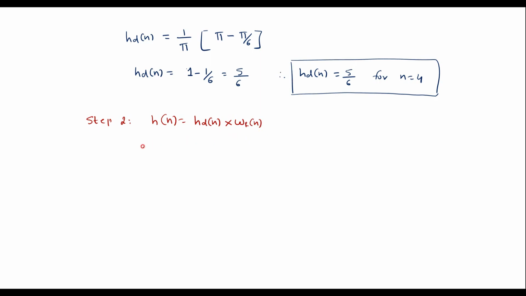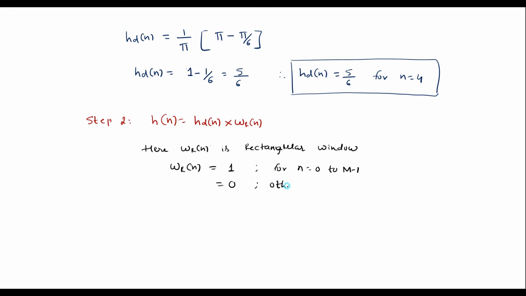Let me define the rectangular window, which is defined as wr of n equal to 1 for n equal to 0 to M minus 1, and its value is 0 otherwise.